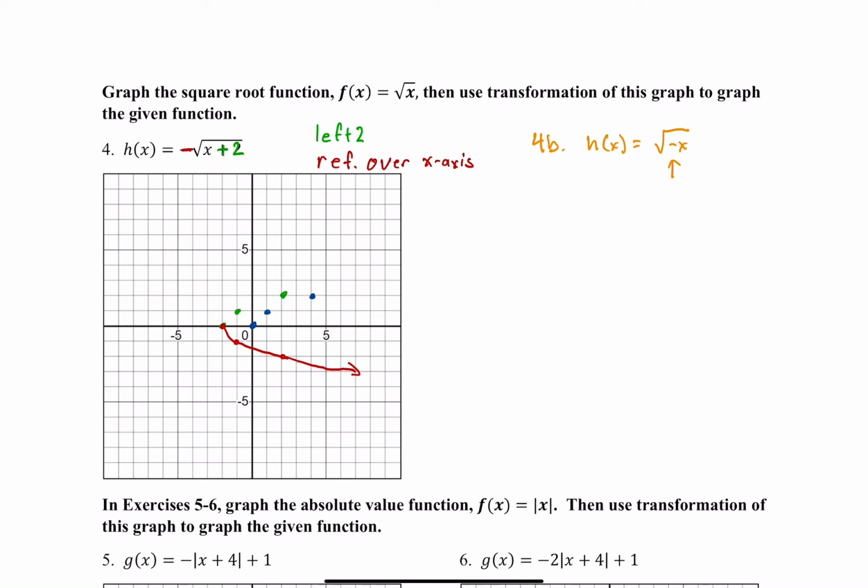So this one here is going to be a reflection over the y-axis. And the answer to this one would be the one right here in orange. So we'll go ahead and sketch the graph right there. So just wanted to give another example of a reflection, this time in the other direction.